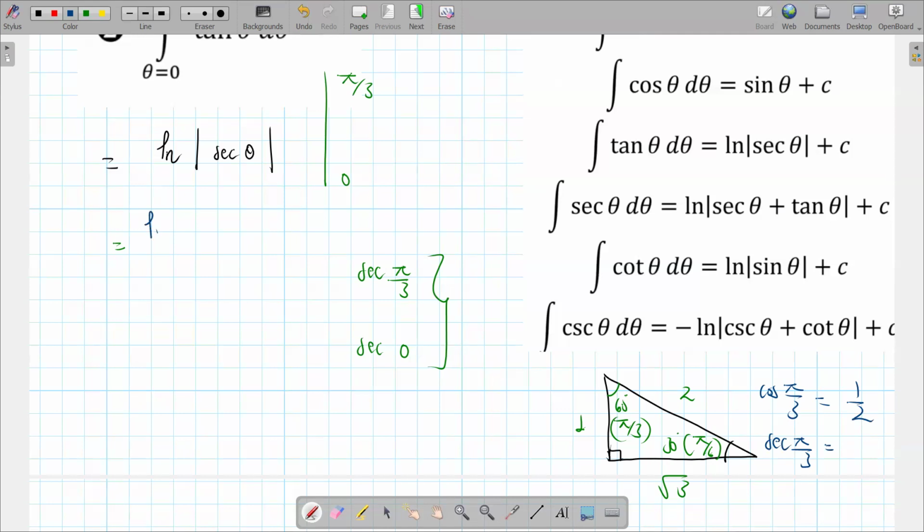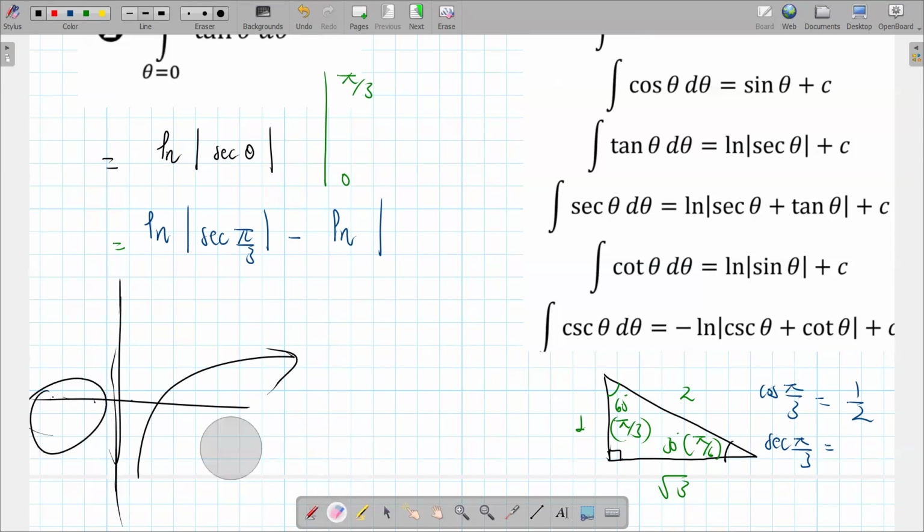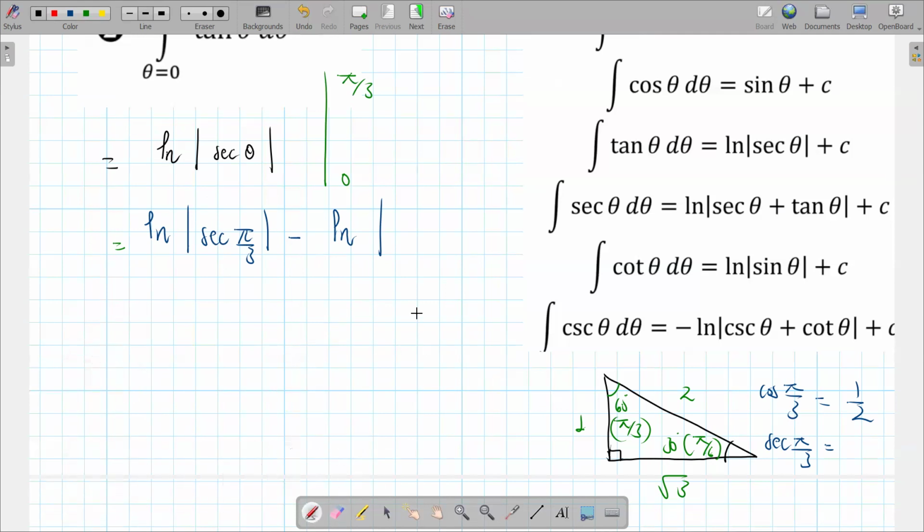So here, ln of secant pi over 3, that's the absolute value symbol, minus ln, and there's an absolute value because ln cannot take negative numbers. If you remember, the ln graph looks like this, it'll never take any negative x values. There's an asymptote right here on the y-axis. Minus ln of secant of 0.